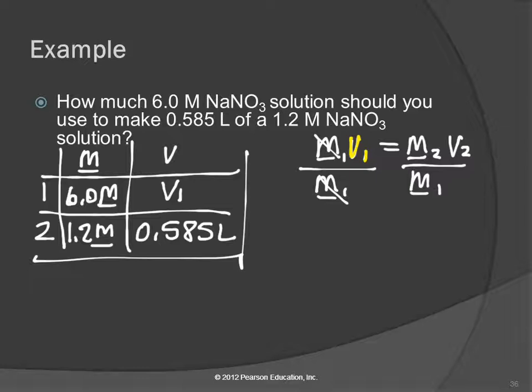The thing about the units with this sort of calculation: if these two units are the same, we're good. It doesn't matter exactly what they are. If this was milliliters, it would still be fine. Our volume that we calculate would just be in milliliters. So V1 will equal molarity 2 times volume 2 divided by molarity 1.